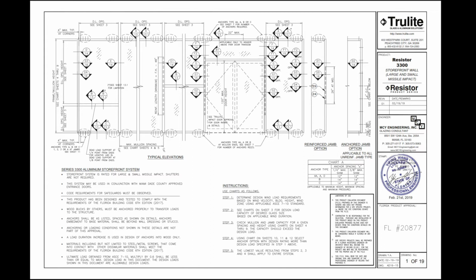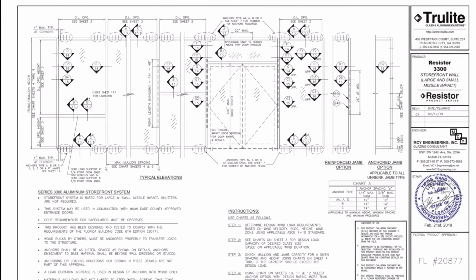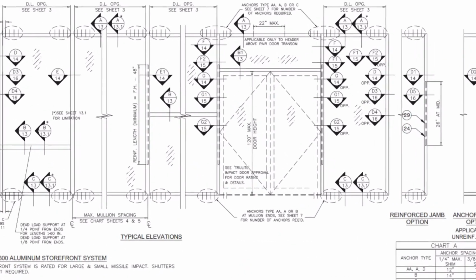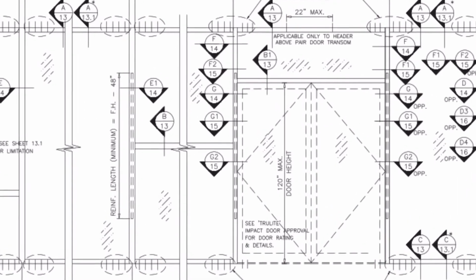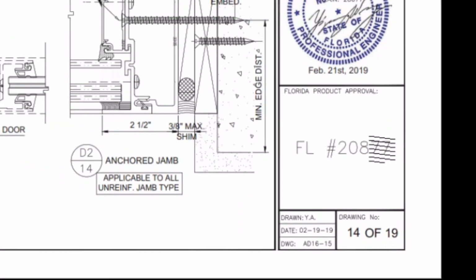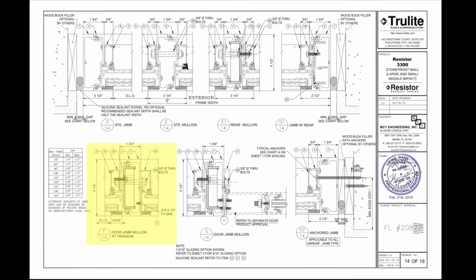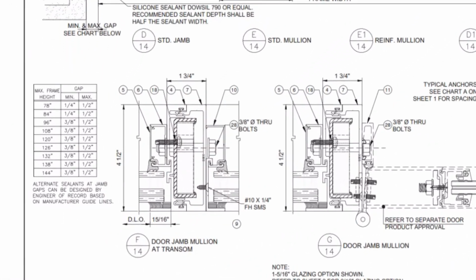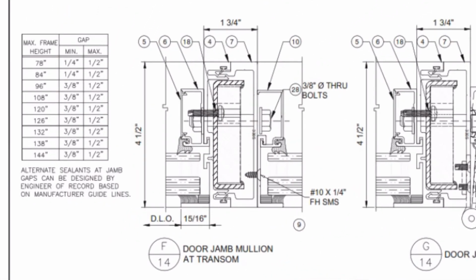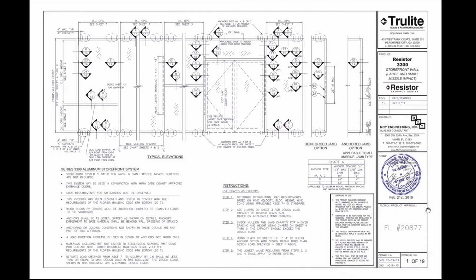And when we look at this drawing, we see, for example, to the left side of the door, a series of 5 symbols that are associated with the left door jamb. The top symbol is F14, so that's going to correspond to sheet 14. And you can see here F on sheet 14, door jamb mullion at transom. F2 on 15.